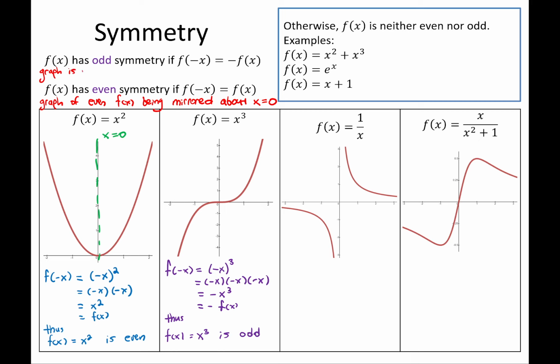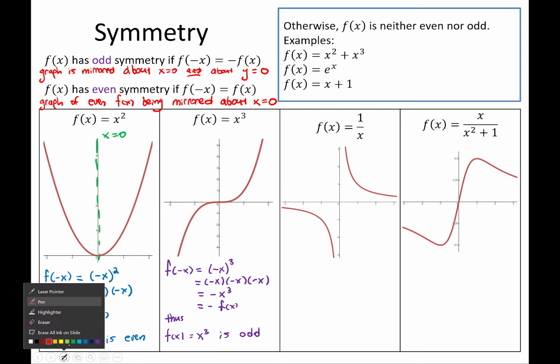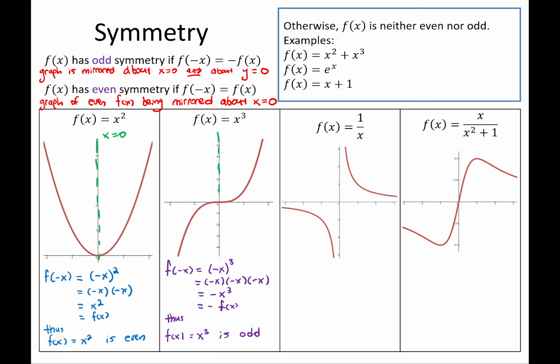The graph is mirrored about x equals 0 and about y equals 0. So it's mirrored twice. First, you mirror it along this line. Now, if you just mirror it about that line, you'll get this graph.